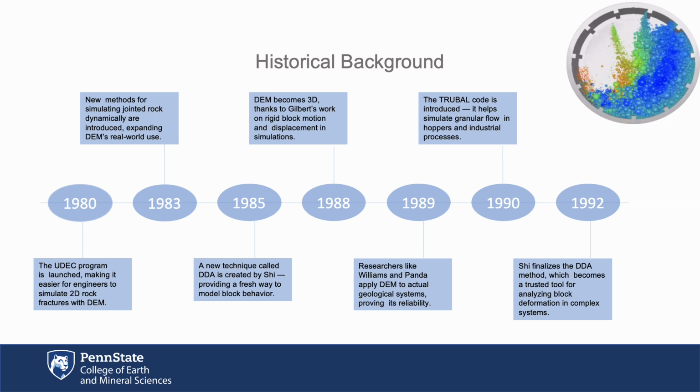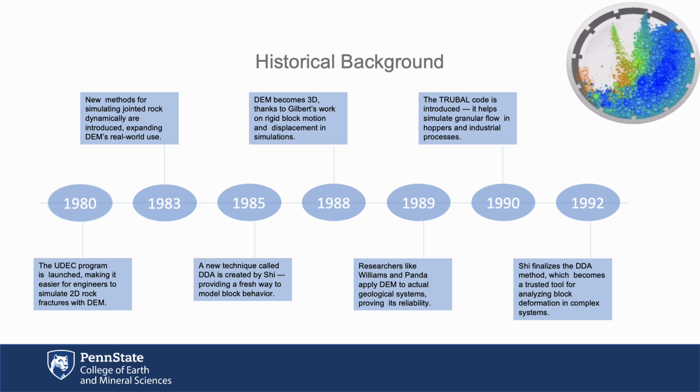In 1985, a new method called DDA, discontinuous deformation analysis, was introduced by Shi. DDA is a little different from DEM, but it also studies how blocks move and rotate.